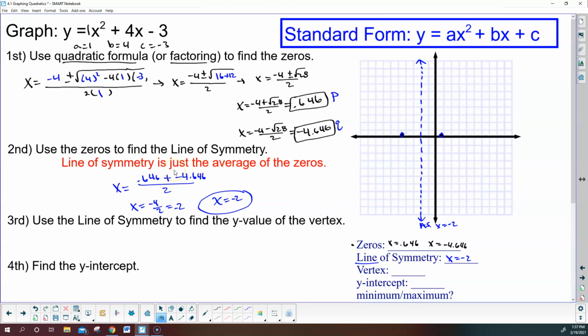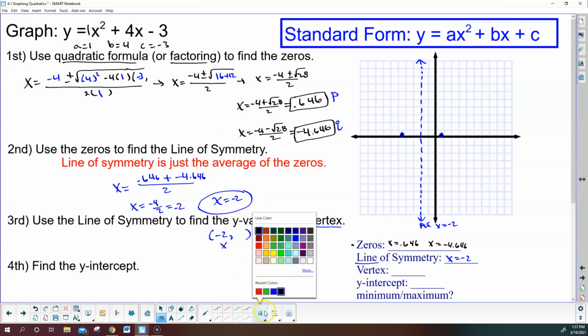Now that I have that line of symmetry, I can use it to find the y value of the vertex. That negative 2 is the x value of my vertex, which means I just have to find the y value. Anytime you want to find the y value, you take the original equation and plug in the x that you know.